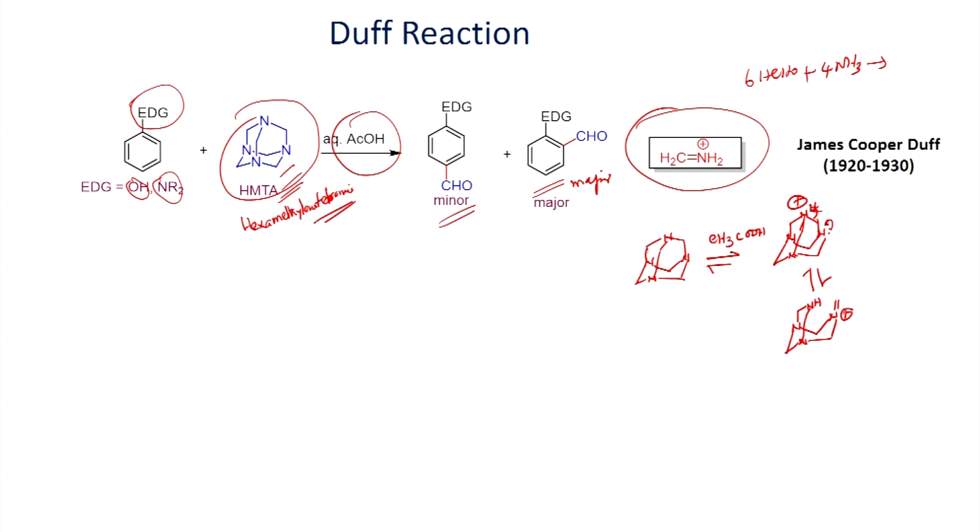Once you form this iminium ion, which can act as the electrophile, it can undergo reaction with, for example, phenol as substrate, which can undergo addition reaction with this iminium ion. When you protonate, you will be able to generate this, and this acetate ion can deprotonate this one, then it can undergo addition reaction.